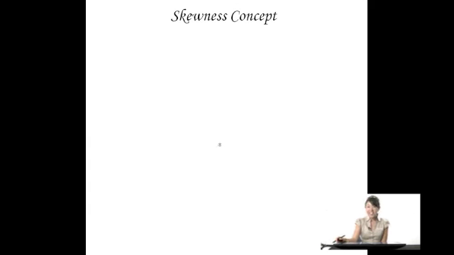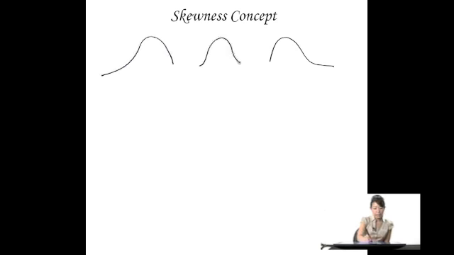All right, so first let's start with the concept of skewness. Now we've been over this again and again. We know that there are skewed right distributions, skewed left distributions, ones that aren't skewed at all. So there's lots of these distributions. This one's not skewed.